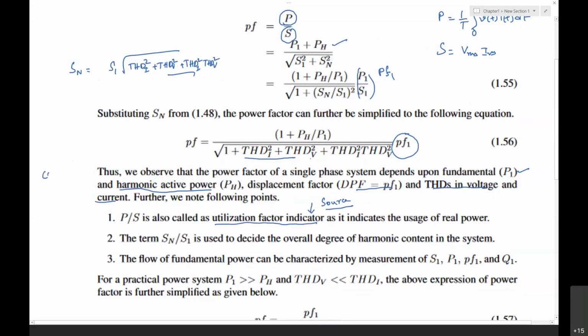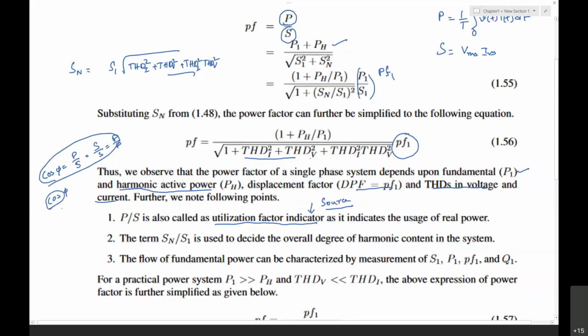Actually, the power factor, which we know is cos phi, is equal to P by S. If the apparent power is equivalent to S alone, or else P by P, in that case the power factor is equal to 1. That means that you have been utilizing the source in an effective way.